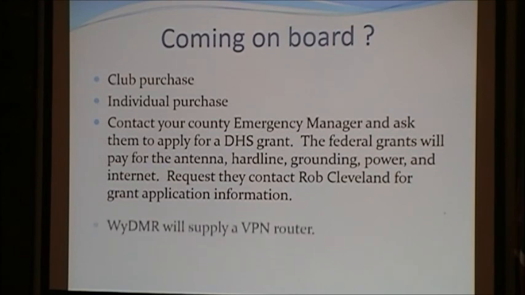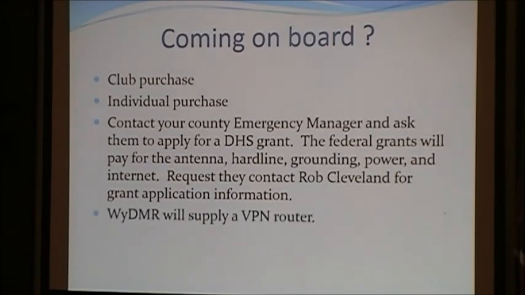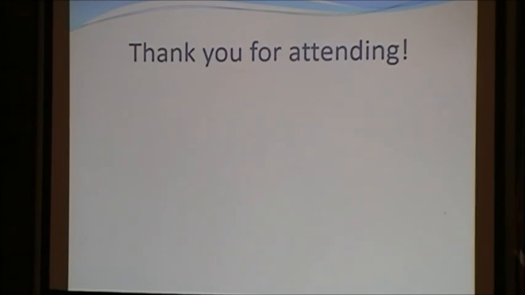Okay? Wyoming DMR will supply a VPN router. Everything on the network is within a VPN tunnel, so it is absolutely secure. Okay? And besides, what are they going to hack if they get in? Shut my repeater off? Yeah, big deal. I'll just reboot it.